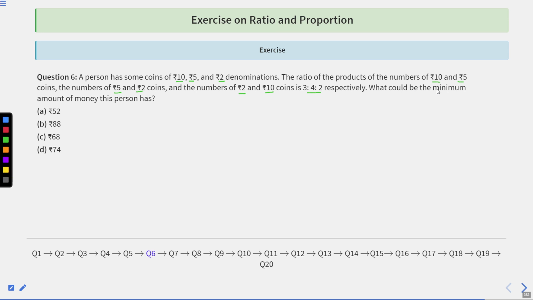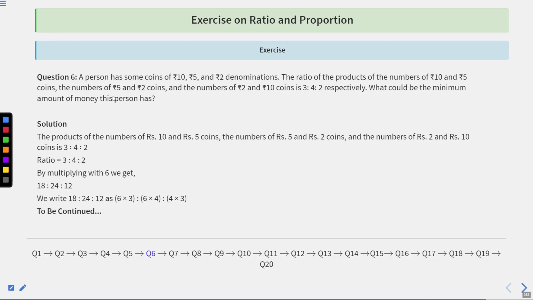What would be the minimum amount of money this person has? So the products of the numbers of rupees 10 and rupees 5 coins, rupees 2 and rupees 5 coins, and rupees 2 and rupees 10 coins are in the ratio 3:4:2.